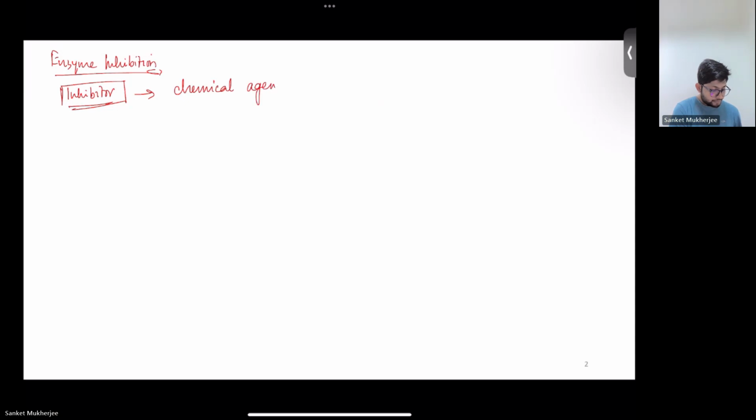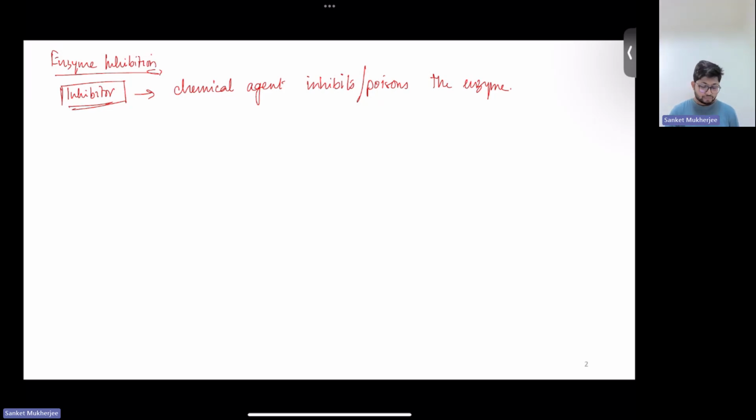So enzyme inhibition is basically done by an inhibitor, which is a chemical agent that inhibits or poisons the enzyme, basically slows down enzyme function.